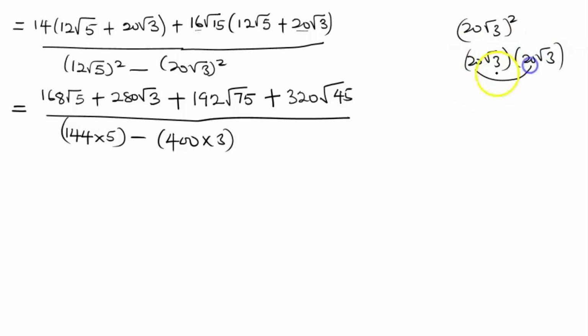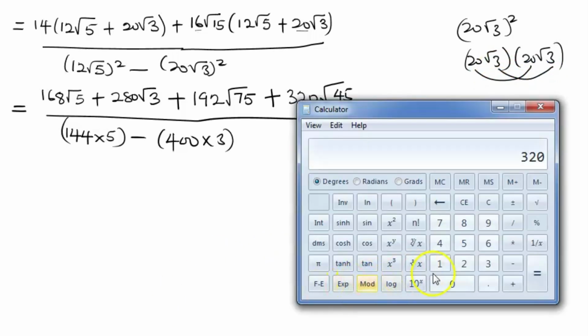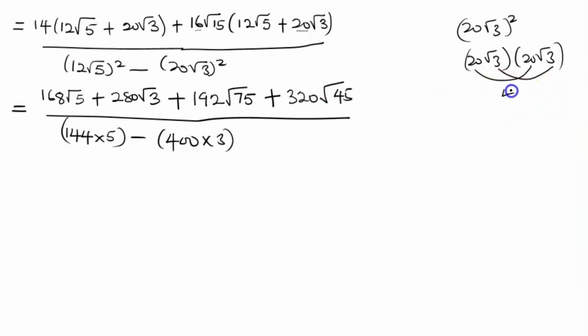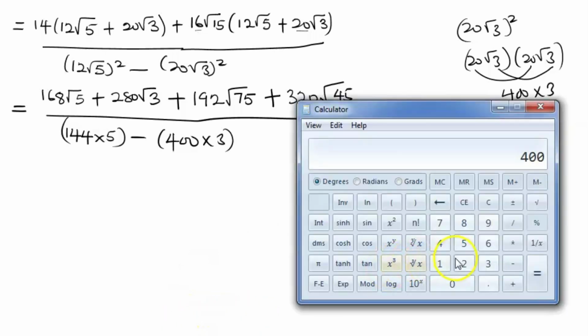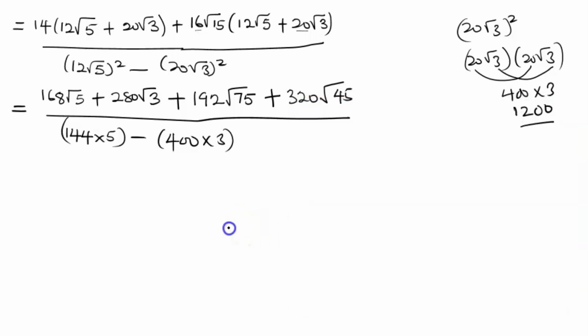So 20 will multiply 20, root 3 will multiply root 3. So 20 times 20 gives you 400, multiplied by 3 because root 3 times root 3 gives you root 9, which is 3. So we have 1200. Then 144 multiplied by 5 is going to give us 720.